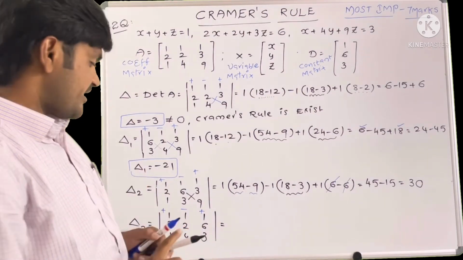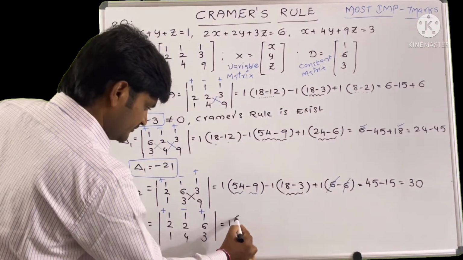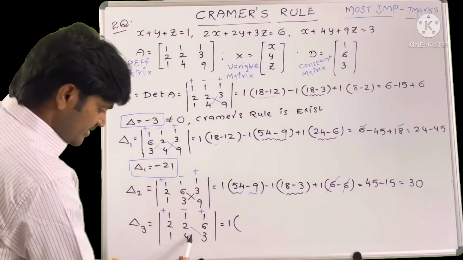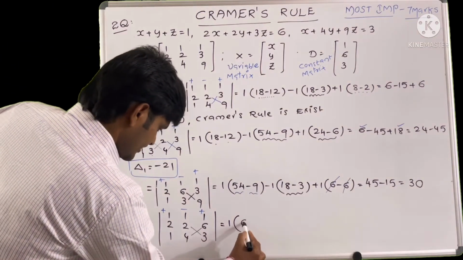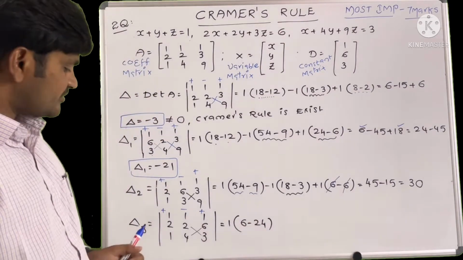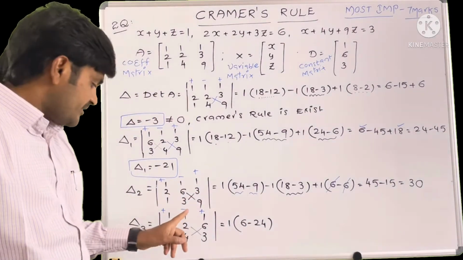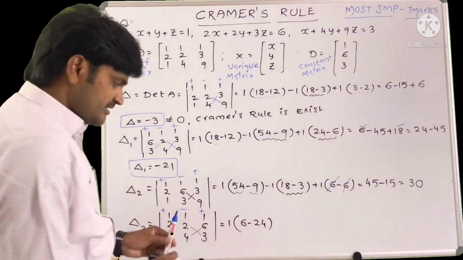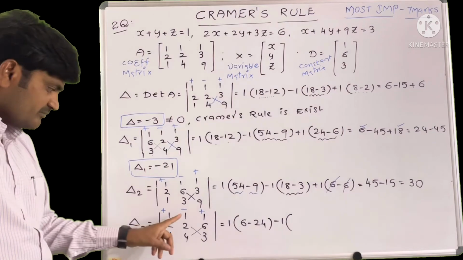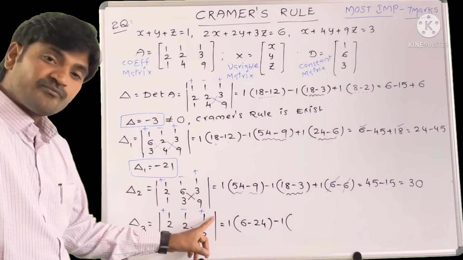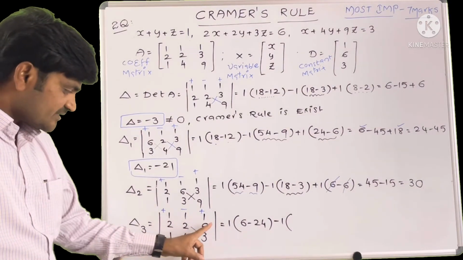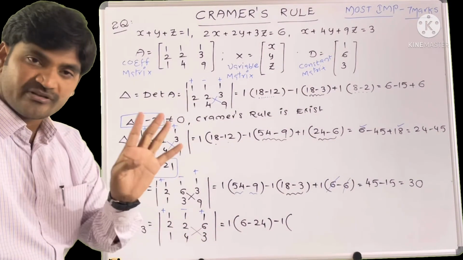Again expansion started, that is 1 into 6 minus 24, this is minus and 1 is minus 1. Ready? Start minus 1. This row and this column removed, so that 2, 6, 1, 3 are the remaining 4 elements.